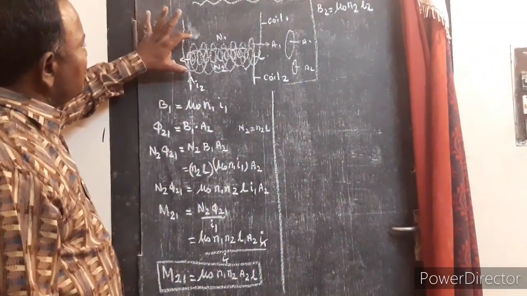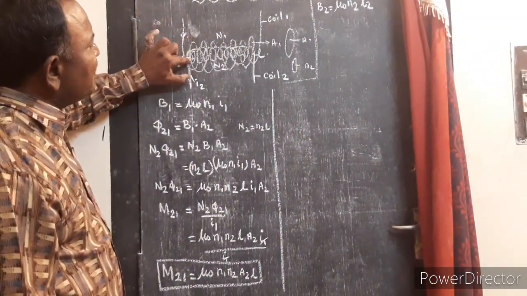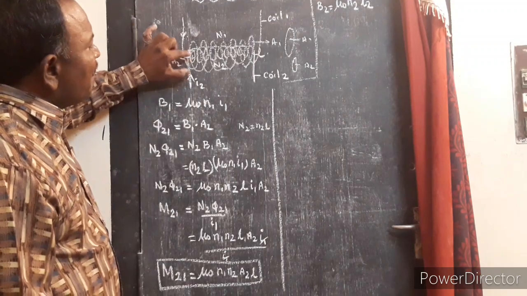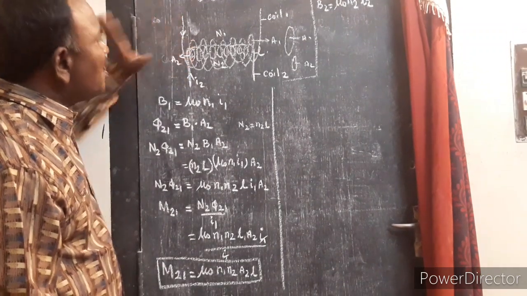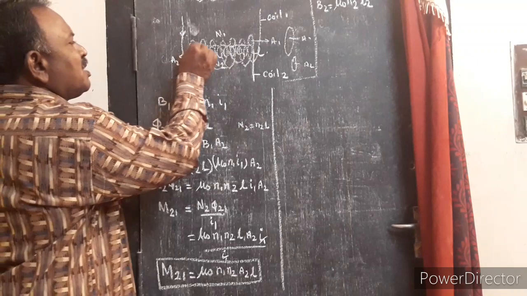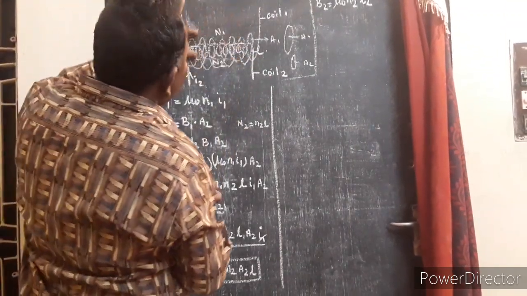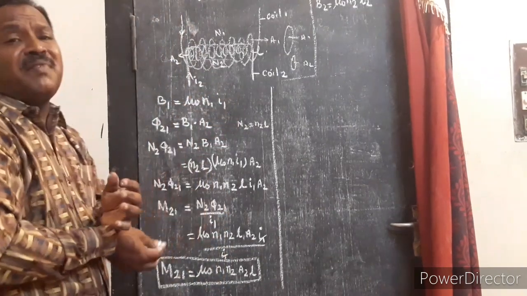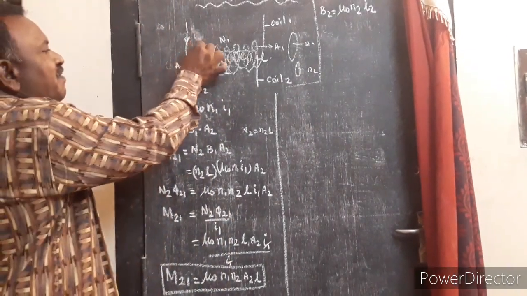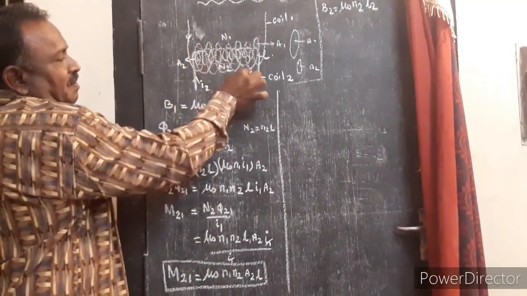Now, the larger solenoid is present in the magnetic field produced by the smaller solenoid. Inside the smaller solenoid there is a magnetic field, but outside the solenoid there is no magnetic field, so this space is empty.